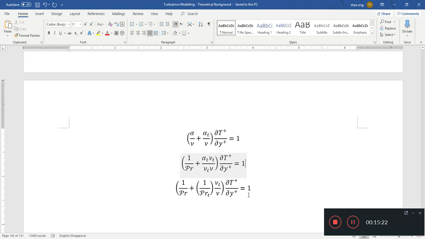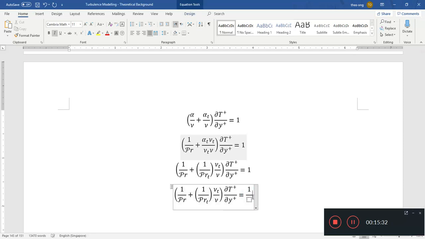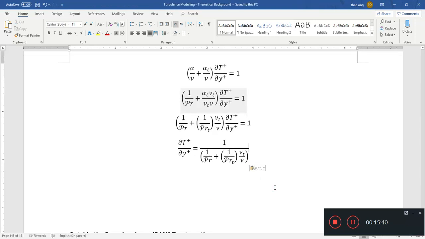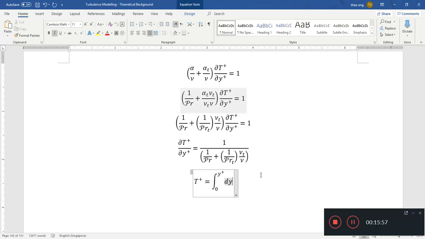Now, of course, we can bring this to the right hand side. So I'm just going to cut this and paste it here. Okay, and now we can try to integrate for the t plus profile. T plus equals the integral from 0 to whatever y plus you want, dy plus prime.